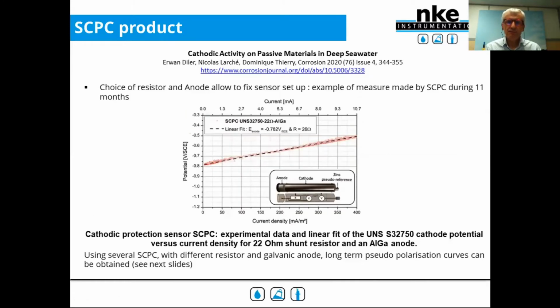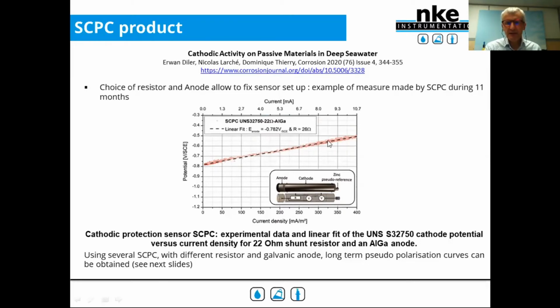So the advantage of the SCPC is that at the same point we can use several SCPC with different configuration. The first parameter to adjust is the internal resistor, which limits the current protection between the anode and the cathode. And the second point is the configuration of the anode. So here we show to you the result provided by Untitled Chapter.